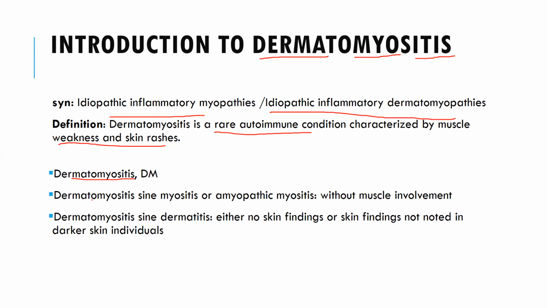That is what we call dermatomyositis sine myositis, sine just means without. So dermatomyositis without inflammation of muscles, or what we call amyopathic dermatomyositis. In this case, you don't have muscle involvement. You can also have dermatomyositis where the skin is not affected, but the muscle is affected. That's dermatomyositis sine dermatitis. So the skin looks normal, but the muscles are affected.